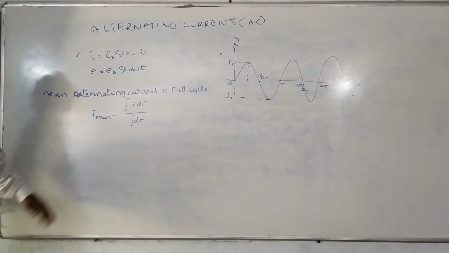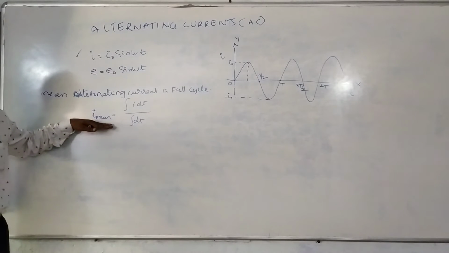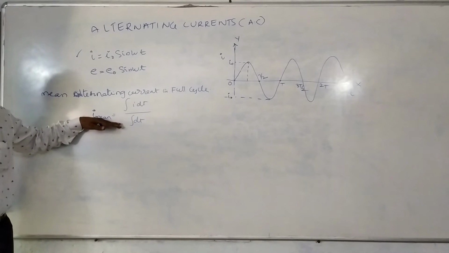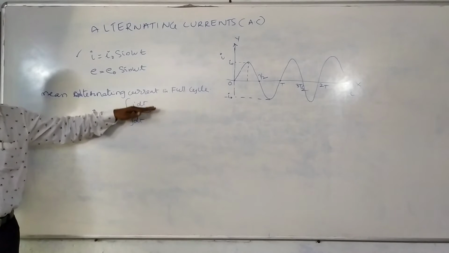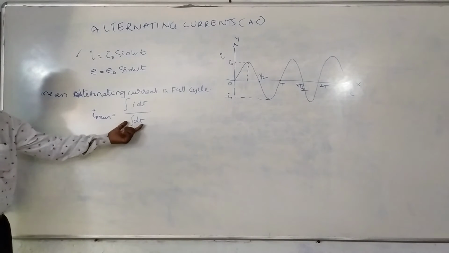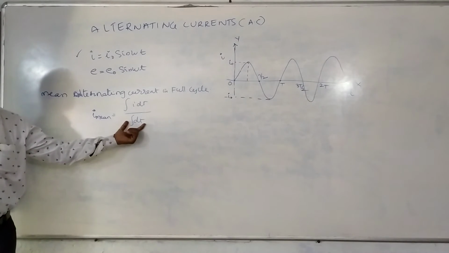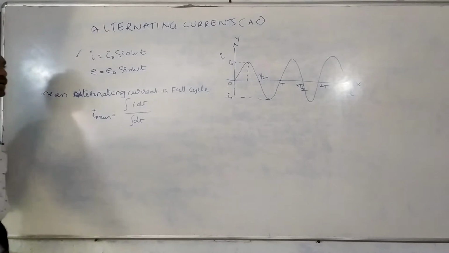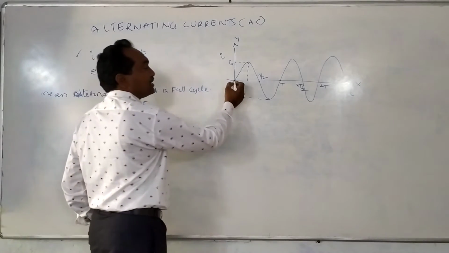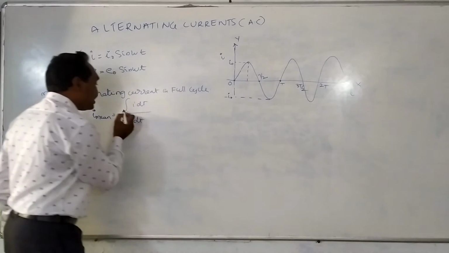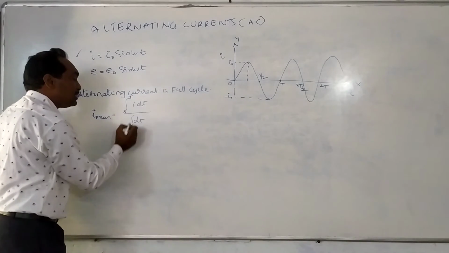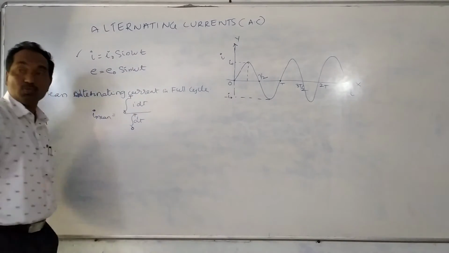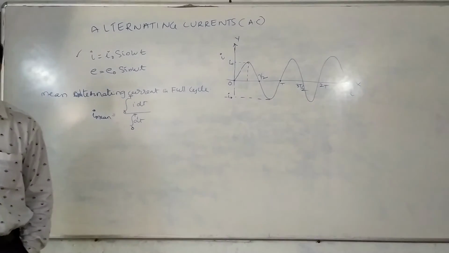This is the main formula for the mean current: I mean is equal to integration I dt by integration dt, that is, divided by the total time. But we require it for the full cycle, that is 0 to capital T. So the limits of the integration are taken as 0 to capital T.